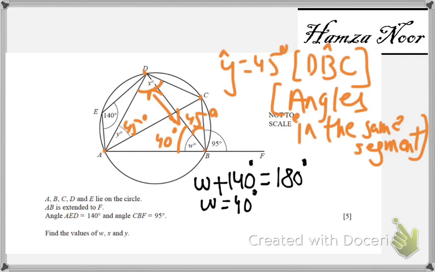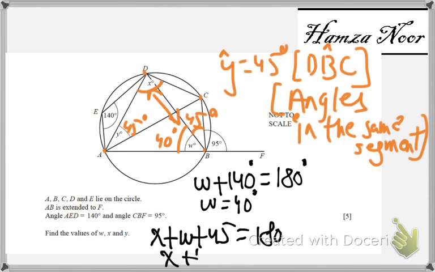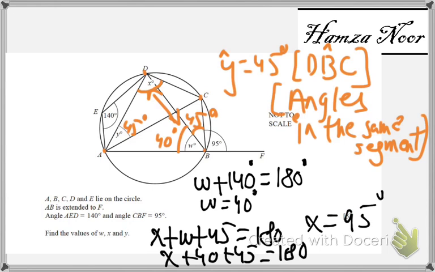So your answer will be like this: angle X plus W plus 45 is equal to 180, and since you know the value of W, X plus 40 plus 45 is equal to 180. So X will be equal to 180 minus 40 minus 45. X is equal to 95 degrees. So now you're able to find all these values.